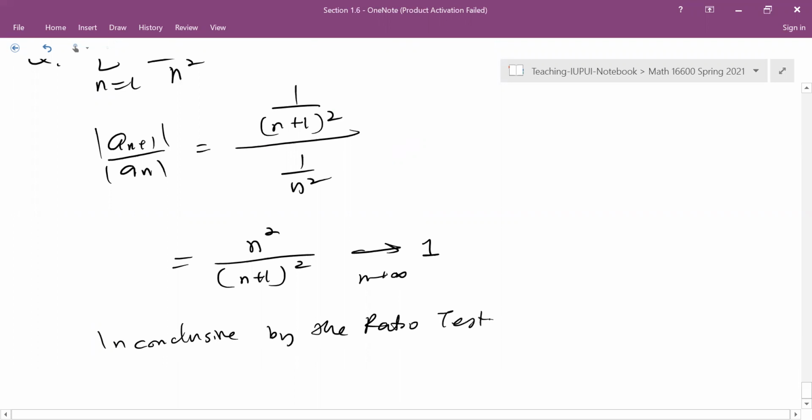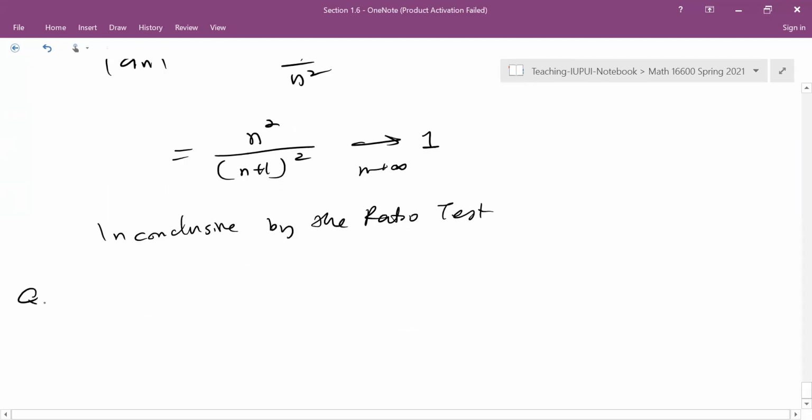So you cannot use the ratio test to say anything about that. All right, so take a look at the next problem.